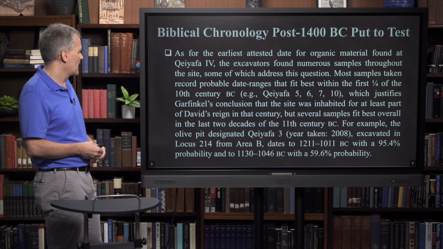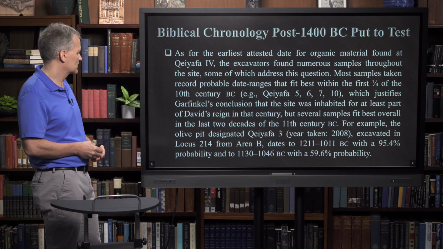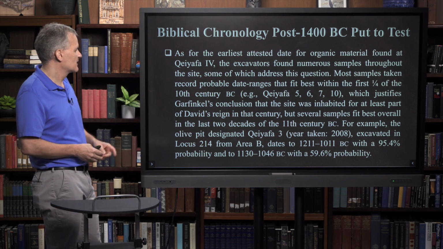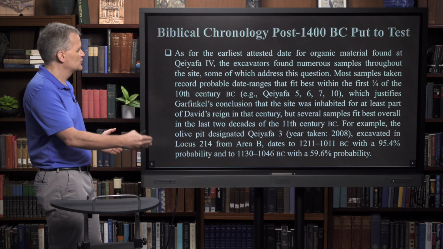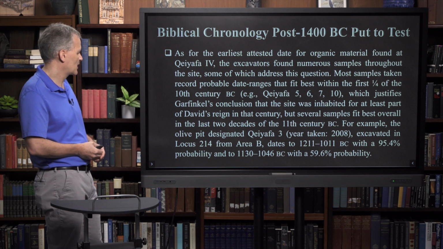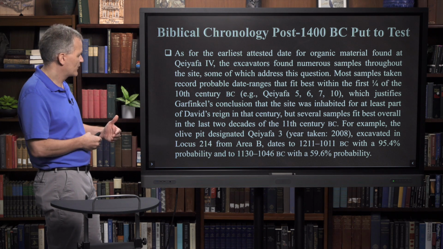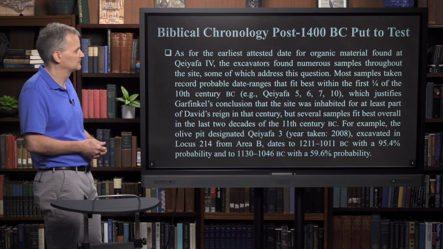For example, olive pit designated Qeiyafa 3, taken in 2008, excavated in locus 214 in area B. This one dates to the range of 1211 to 1011 BC with a 95.4% probability, and to 1130 to 1046 BC with a 59.6% probability.